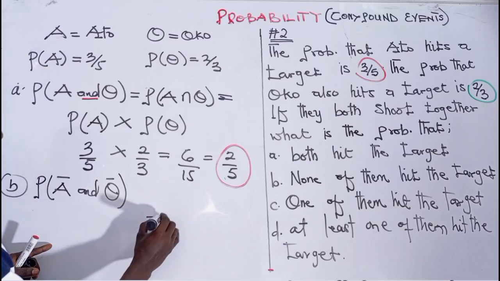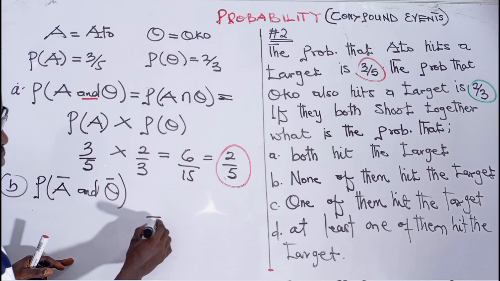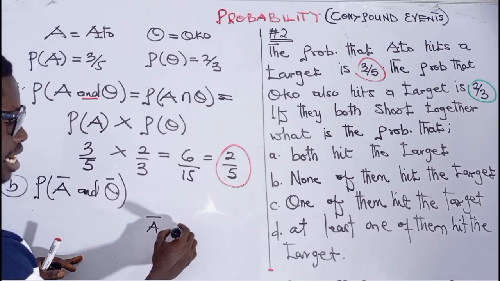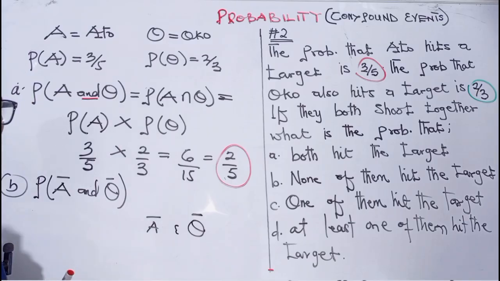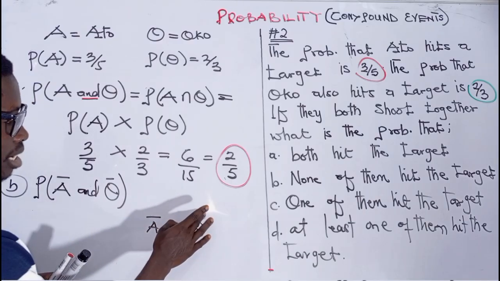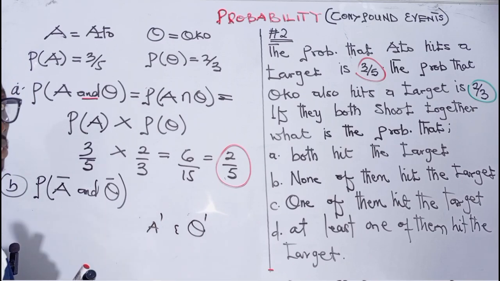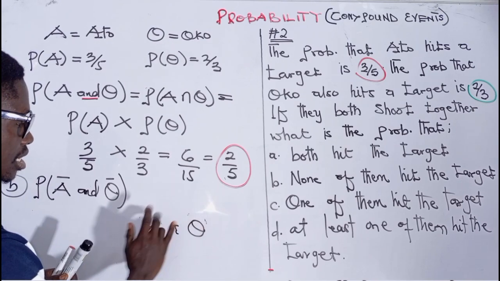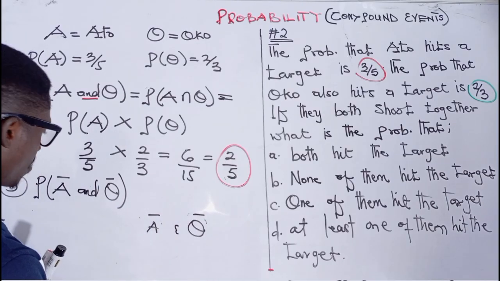We are using the bar to represent the complement of Ato and Oko. It means that Ato was not able to hit the target and Oko also was not able to hit the target. In some books, we are going to use this or that. It means the same thing, but we are using the bar to represent the complement of Ato and Oko.